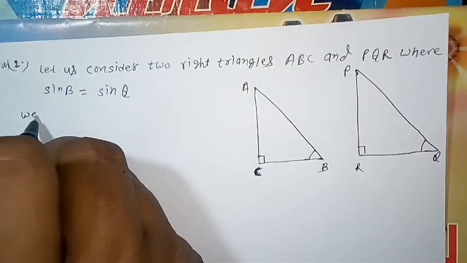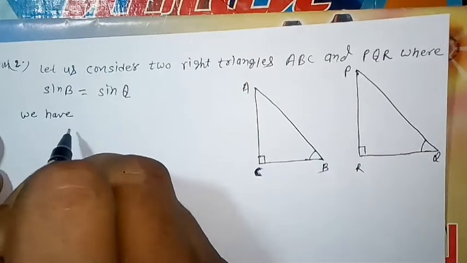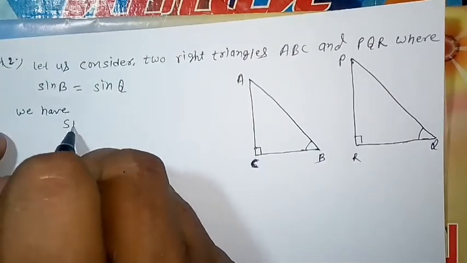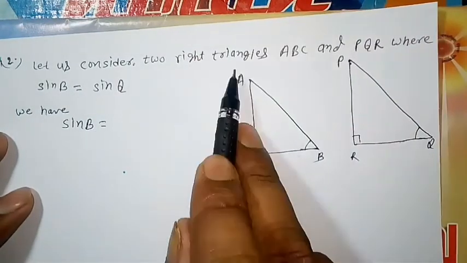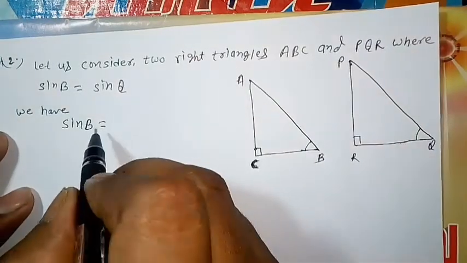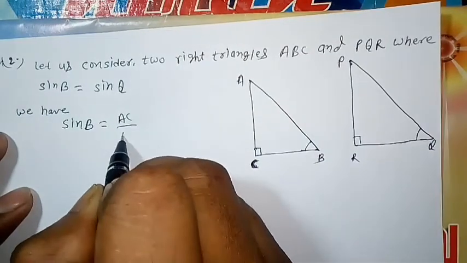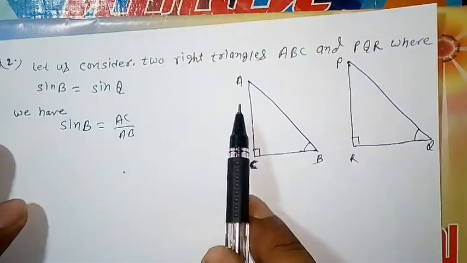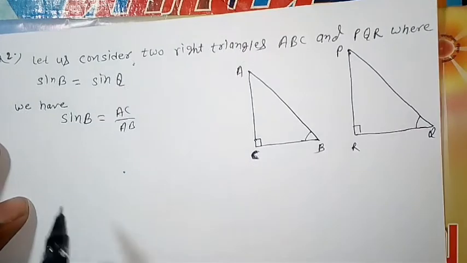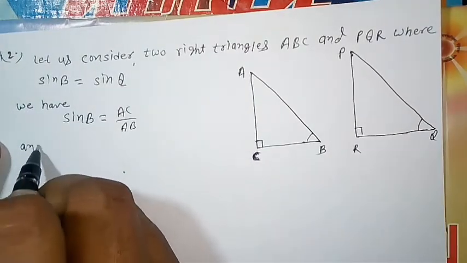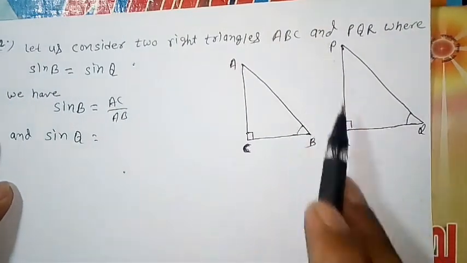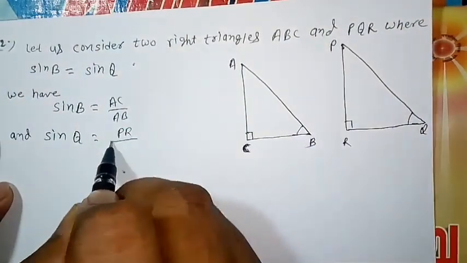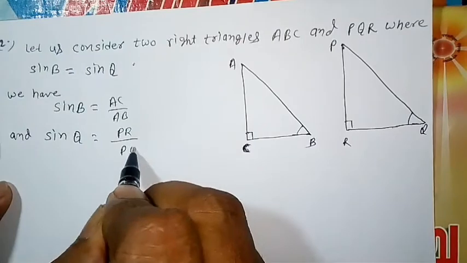We have sin B is equal to AC by AB, perpendicular by hypotenuse, and sin Q is equal to perpendicular PR by hypotenuse PQ.